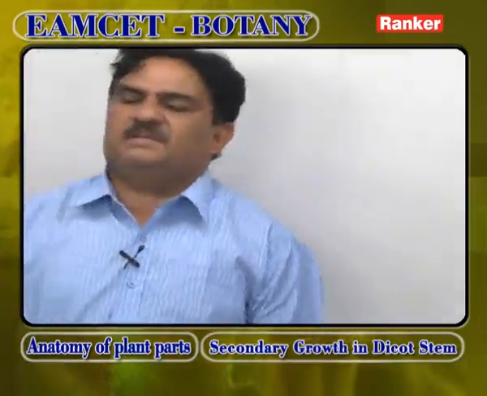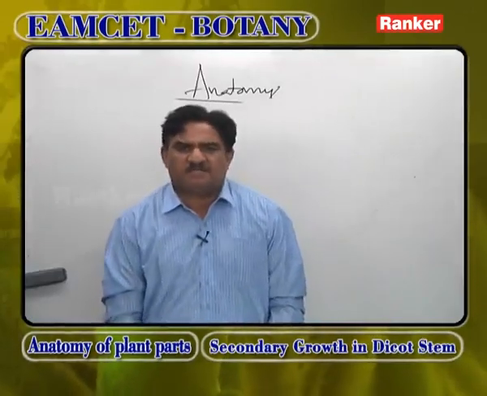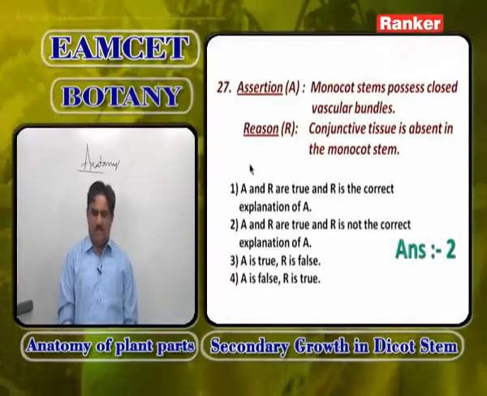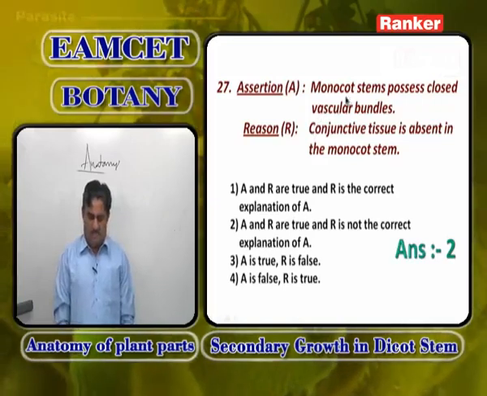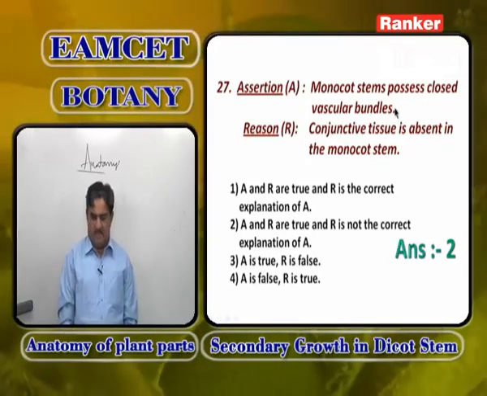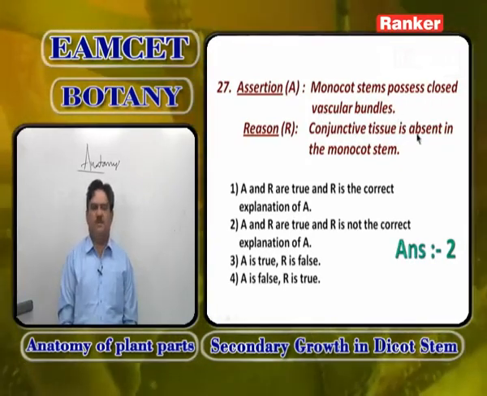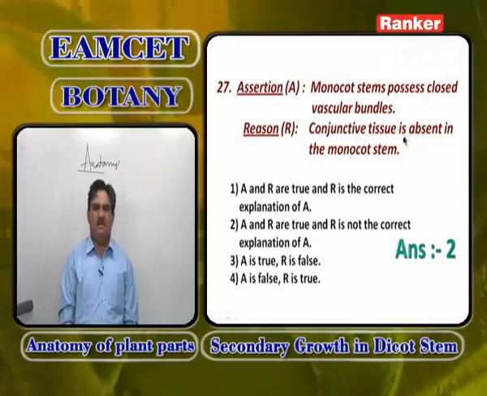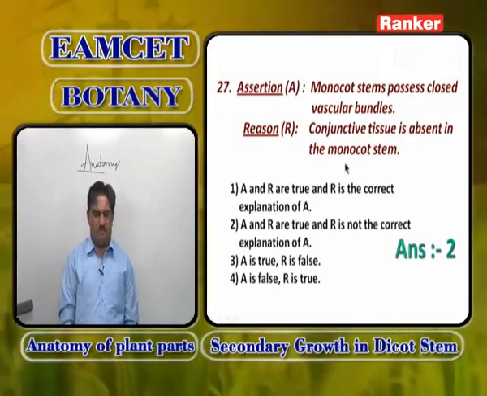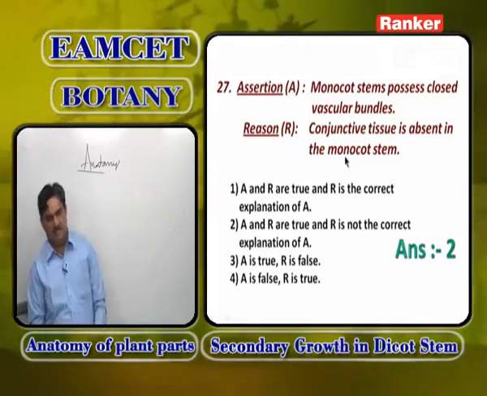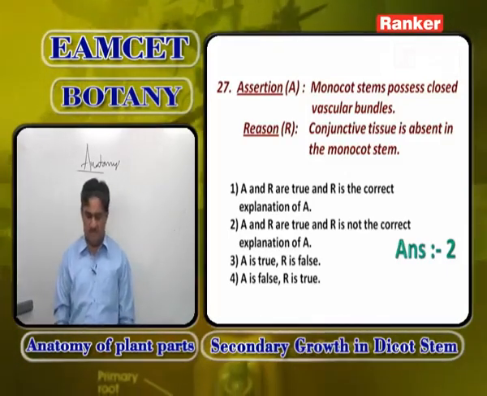The reason must be that in a monocot stem, the vascular bundles do not possess cambium. So monocot stem possesses closed vascular bundles is correct. Conjunctive tissue is present in monocot stem is correct, but they are not related to each other. So both are correct, but R is not the correct explanation of A.